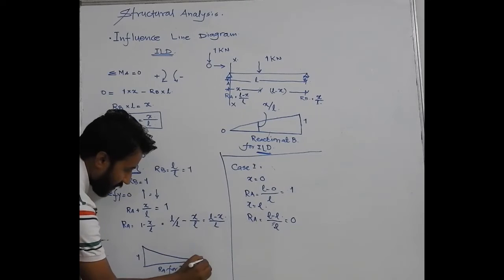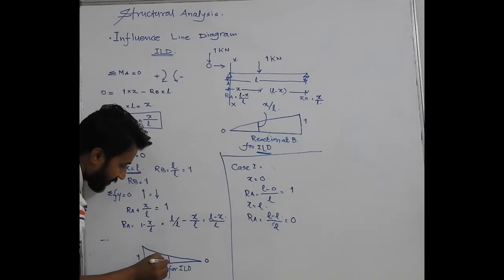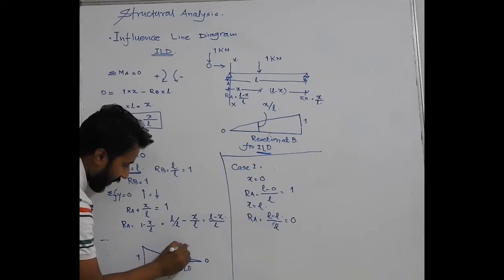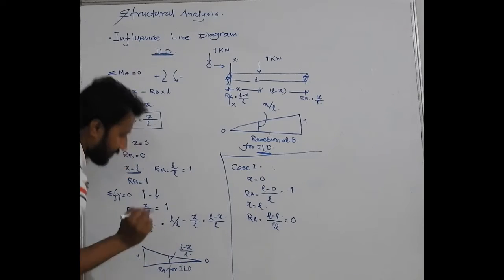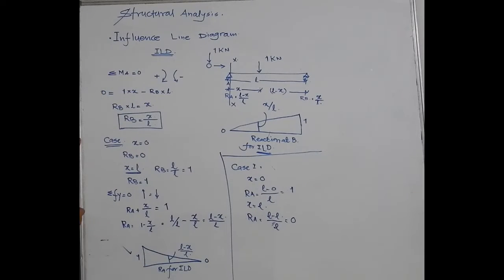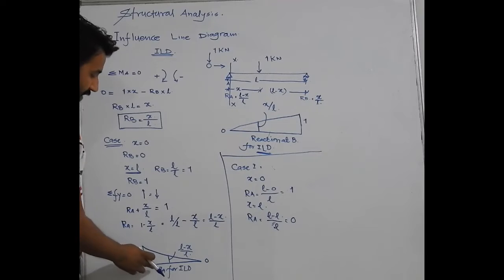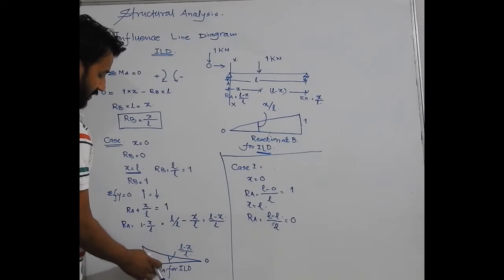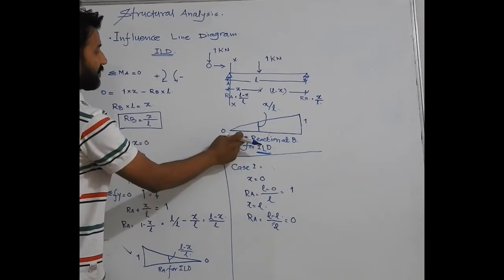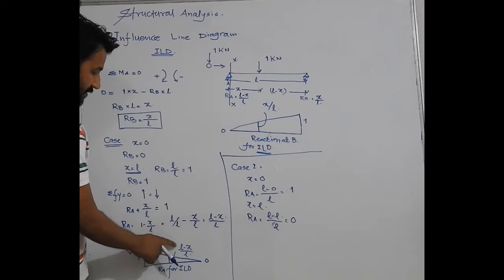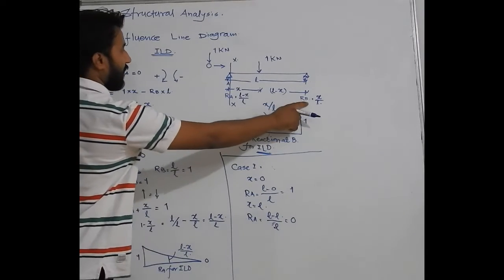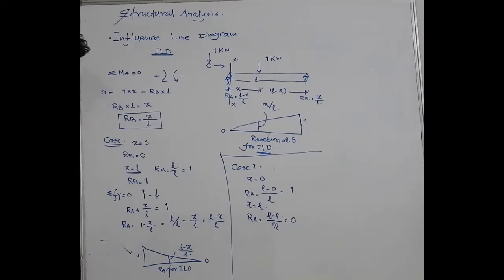At A this is 1, at B this is 0, and at any section this will be L minus x by L. So this is the influence line diagram for RA, and for RB. RA is L minus x by L and RB is x by L. Now we will move to the calculation of shear force.